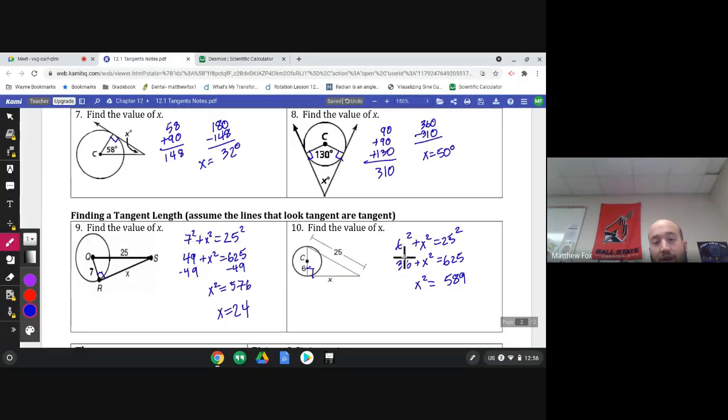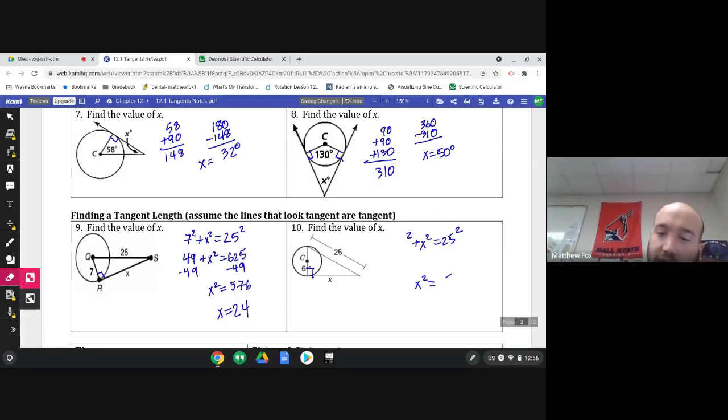I put 6 squared as the side. 6 is the distance from the center to the edge. That whole thing, if we know from the center to the edge is 6, then from the center to the other edge would also be 6. So that whole thing would actually be 12 squared. So I was moving way too quickly. I apologize.